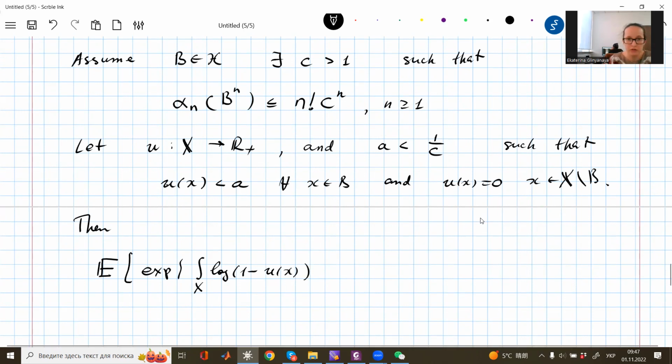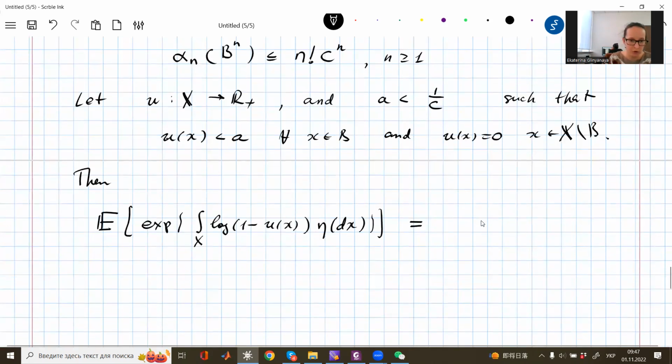This integral is with respect to our point process nu dx. So such an exponent will be written in the form of the following series.